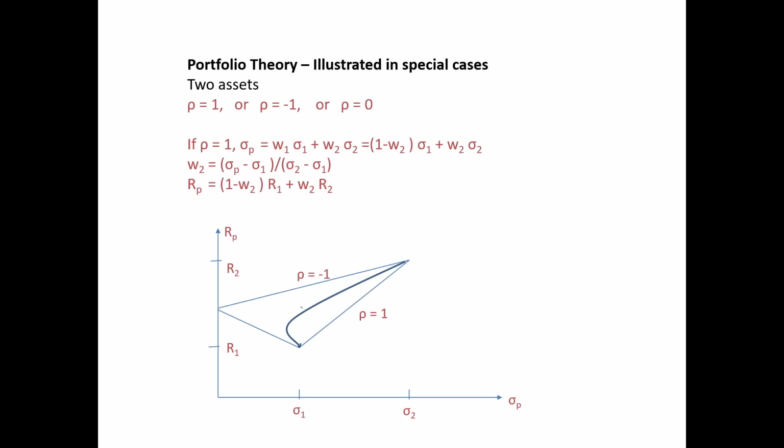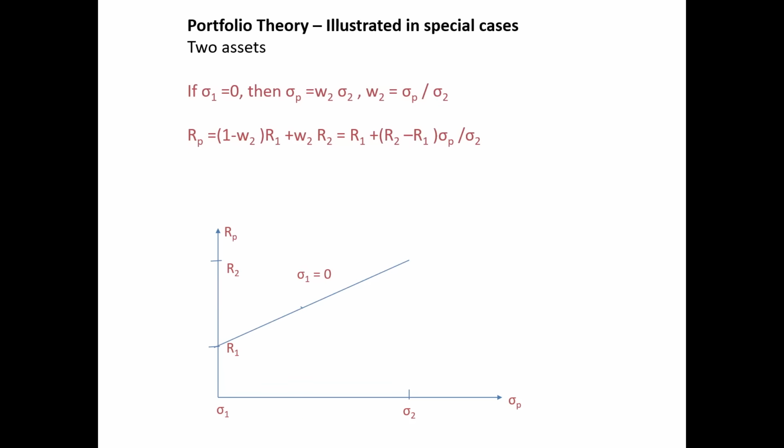That's the other solution. In the middle are the other values of the correlation between -1 and +1, including zero correlation, rho equals 0. So what if the first asset has 0 volatility, sigma 1 equals 0?